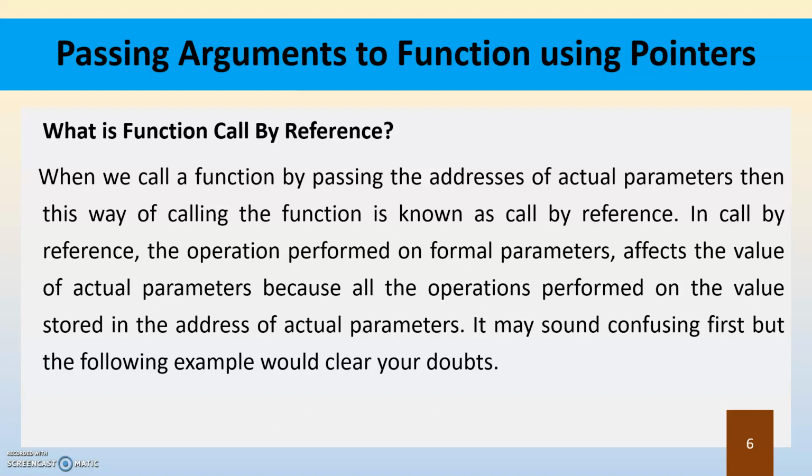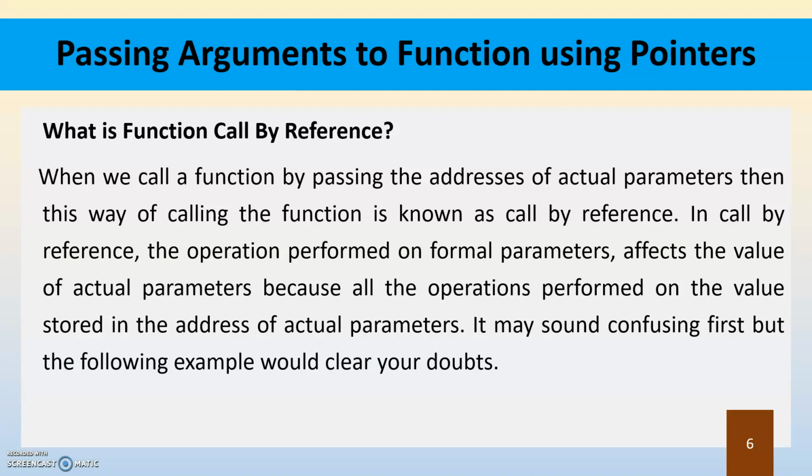In call by value, we put the value of the variable inside the function call, and we call it the actual parameter. Whatever value goes to the function definition and performs the operation, those parameters present inside the function are called the formal parameters.